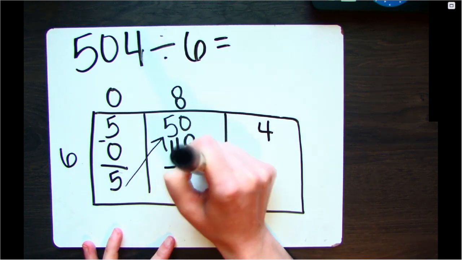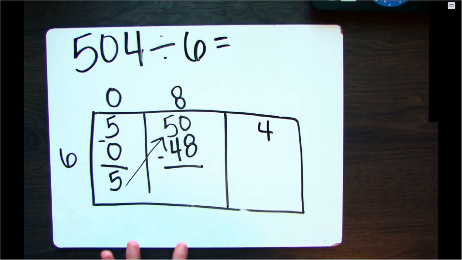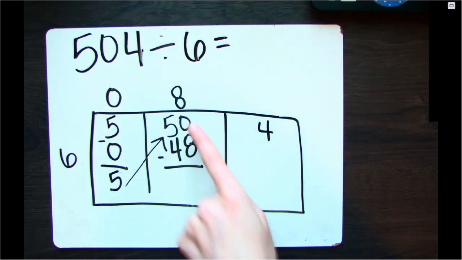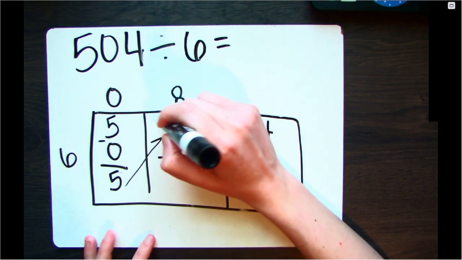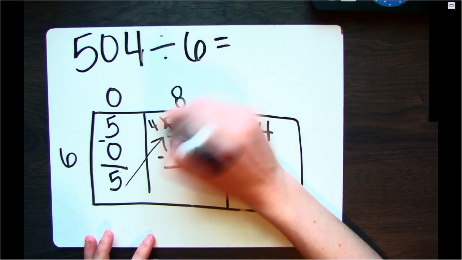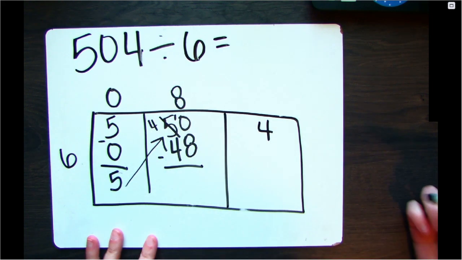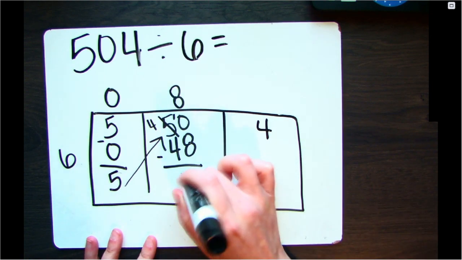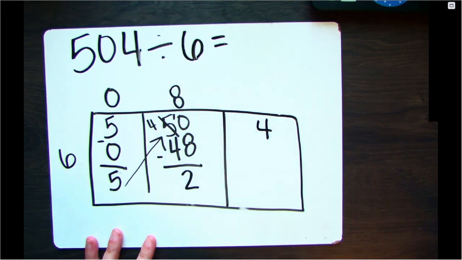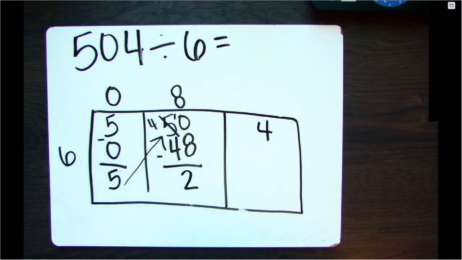So I'm going to subtract 48. This one might be a little bit tricky for you just because you can't subtract 8 from 0, so you have to go over here and borrow. Make that a 4, make that a 10. So 10 minus 8 is 2. And then 4 minus 4 is 0, so it's just 2. So I have 2 left over.